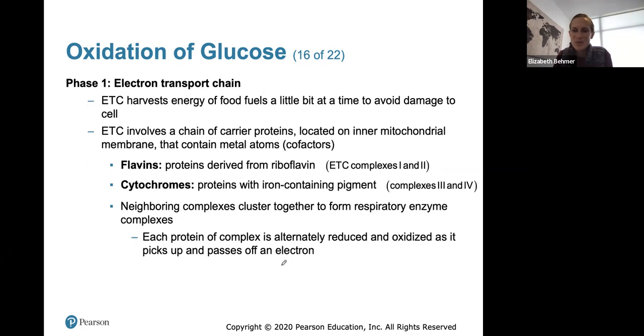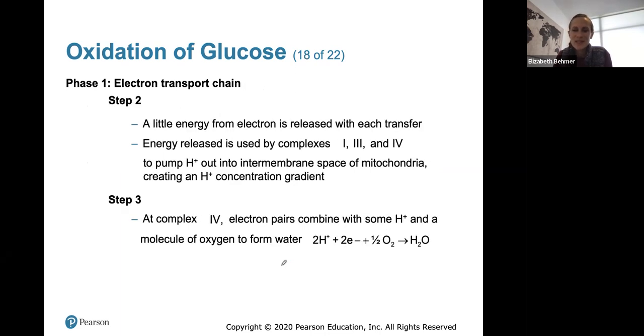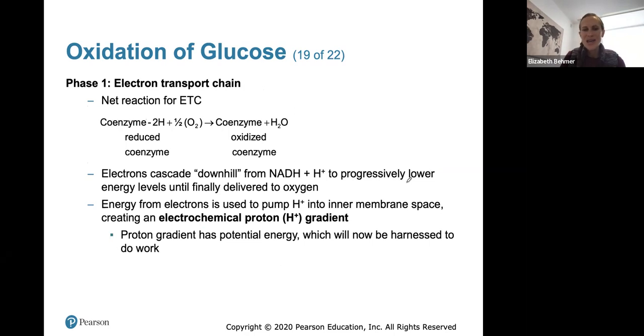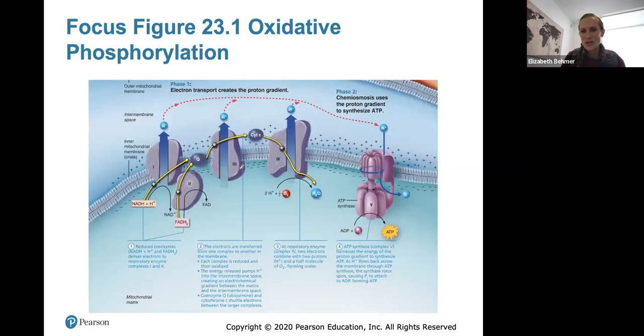Here is a little more about the main steps involved in the electron transport chain. And finally, at complex 4, this is where electrons pair and combine with some hydrogens and a molecule of oxygen to form water.